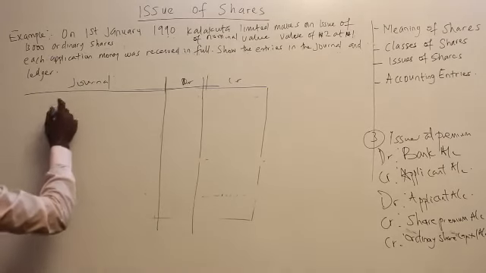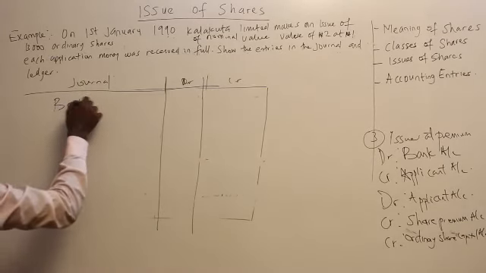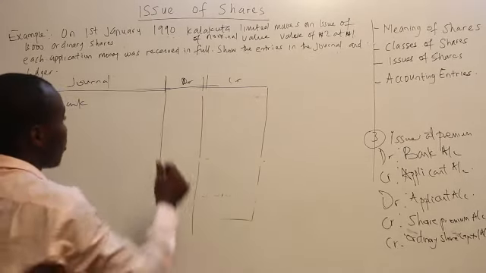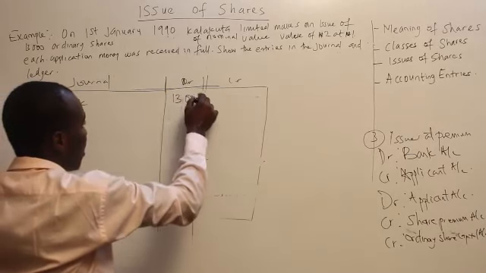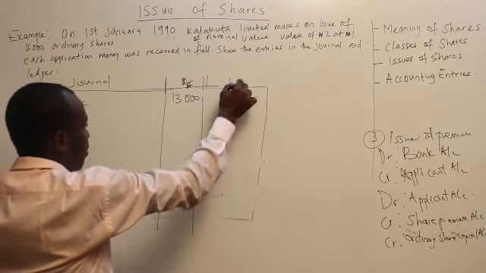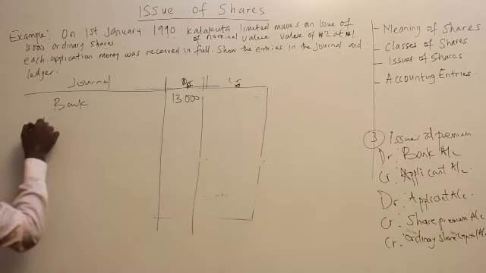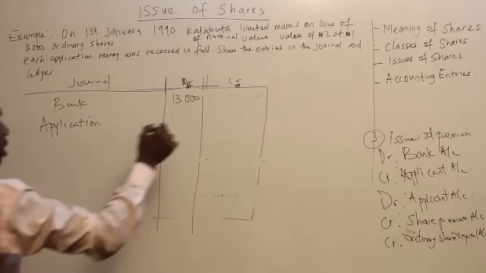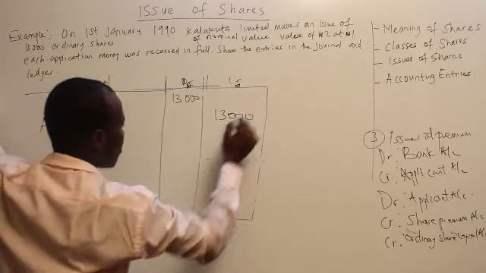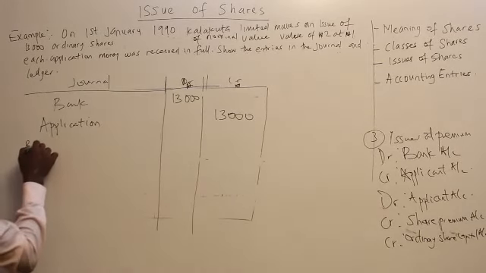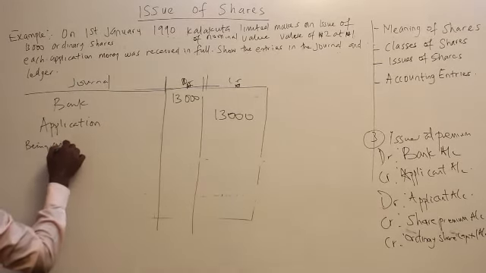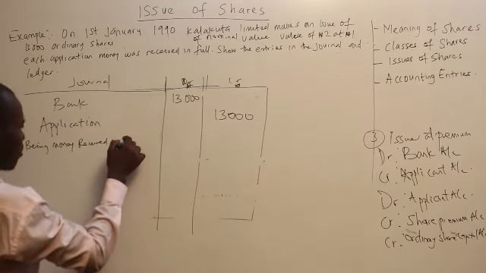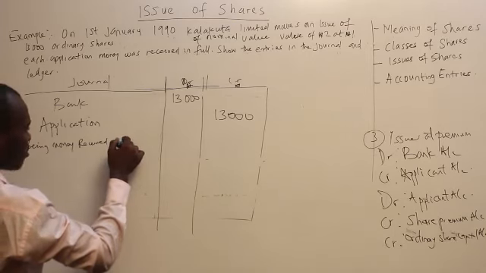So money received on application, we are going to debit bank account. But this time around, the price of the shares is 1 naira, so we have 13,000 naira. We are going to credit application account, 13,000 naira. So being money received or collected on application.